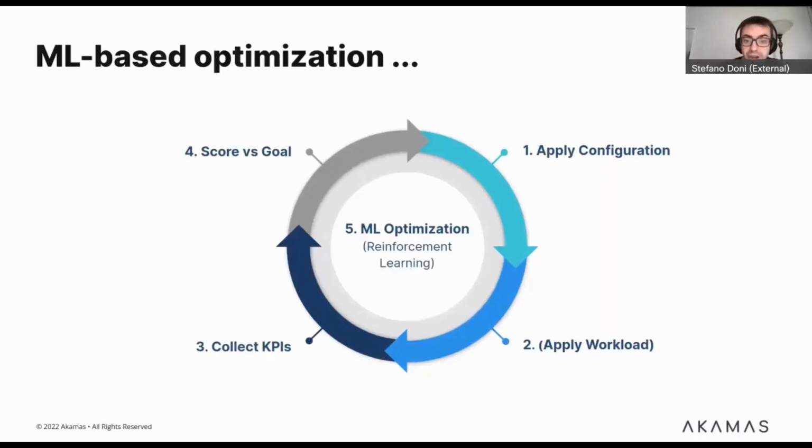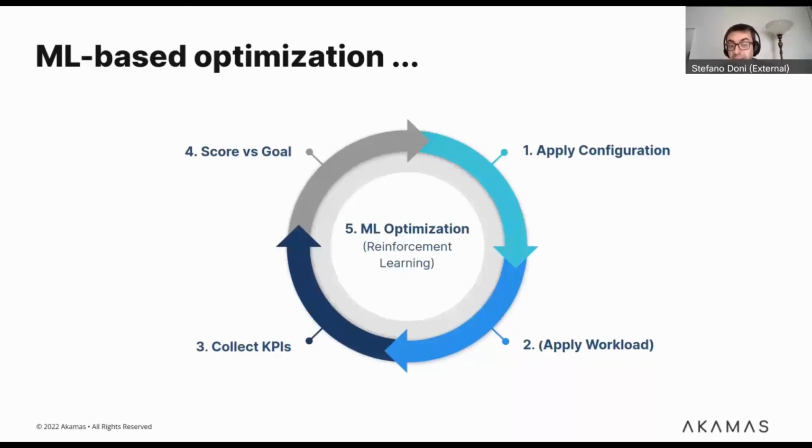And the fifth phase is where machine learning really kicks in. We won't deep dive into the machine learning piece in this session, but I just want to comment a little bit on the kind of approach that we use, because it's a typical question that we receive. We use reinforcement learning, meaning that our AI needs to actually interact with the environment.